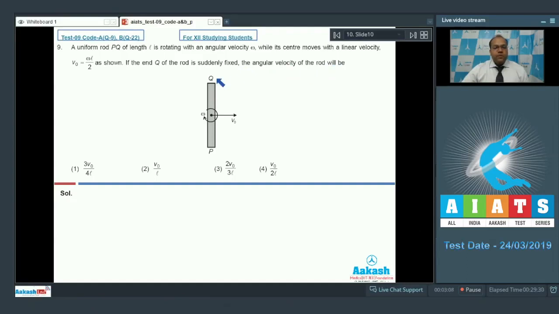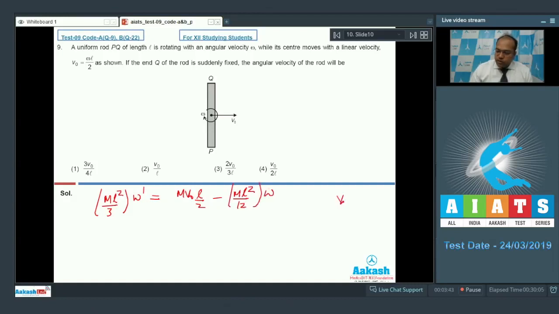So we can apply the principle of conservation of angular momentum about point Q in this problem. In the ground frame, let the final angular velocity be omega dash. Then by applying the principle of conservation of angular momentum, m L square by 3 into omega dash is equal to m into v0 into L by 2 minus m L square by 12 into omega.